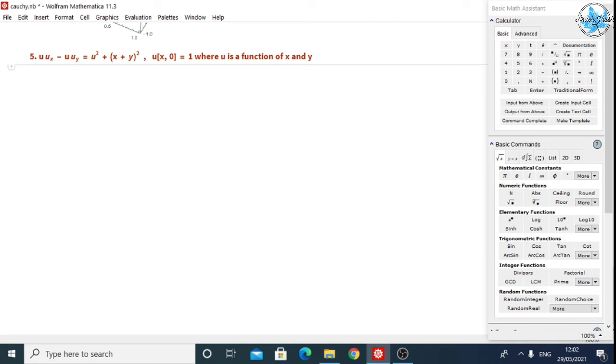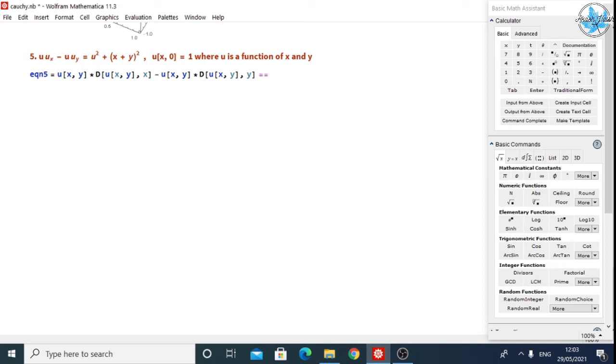Just simply I write eqn5 equals to, then I will write the u is my dependent variable, so I will write u of x comma y, then derivative of u, which is my function x comma y, with respect to x, then minus u, which is my dependent variable, then I will write u of x comma y, then derivative of u with respect to y. Okay, so double equals to u square.